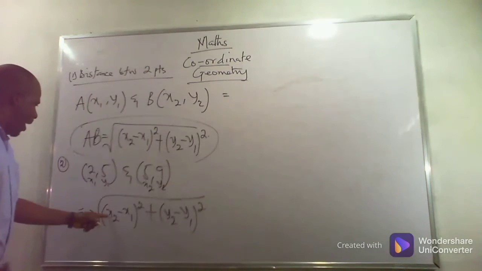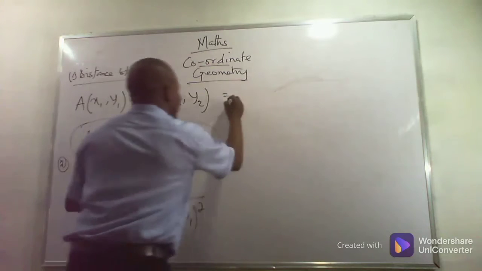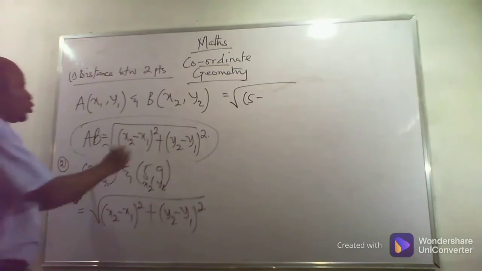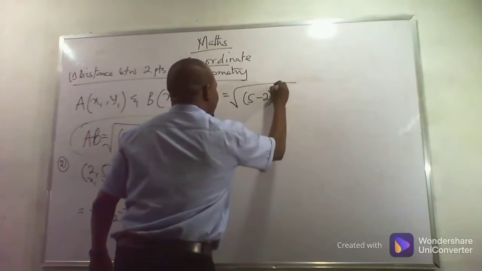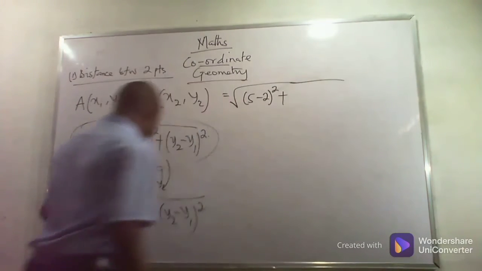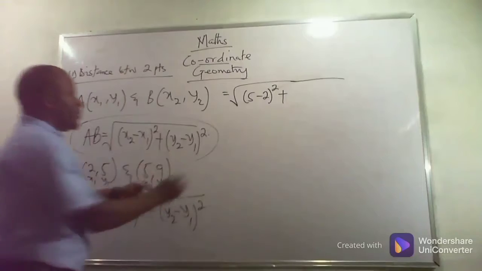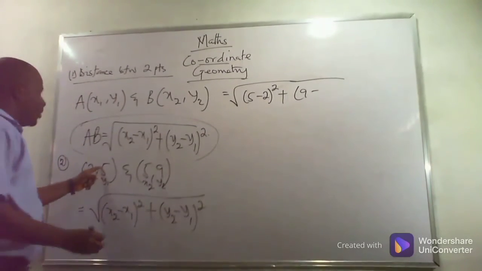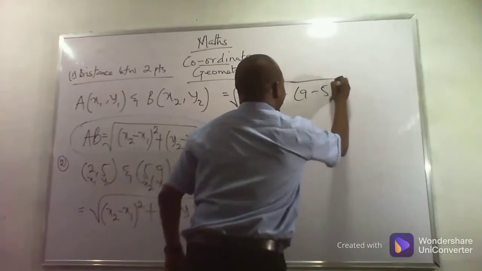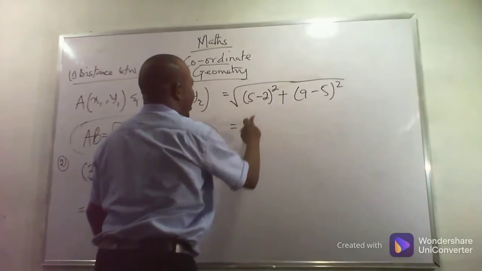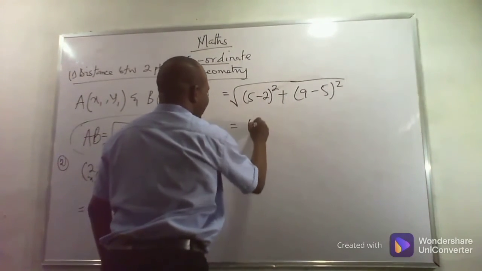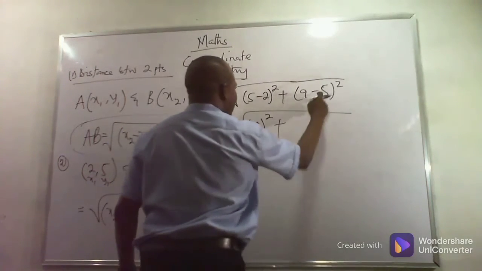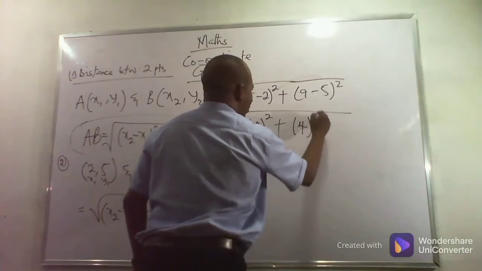We have x2, that is 5, the square root of 5 minus x1, 2, everything squared, plus y2, 9, minus y1, 5, everything squared. So what do we have from here? This minus this, that's 3 squared, plus this minus this, that is 4 squared.